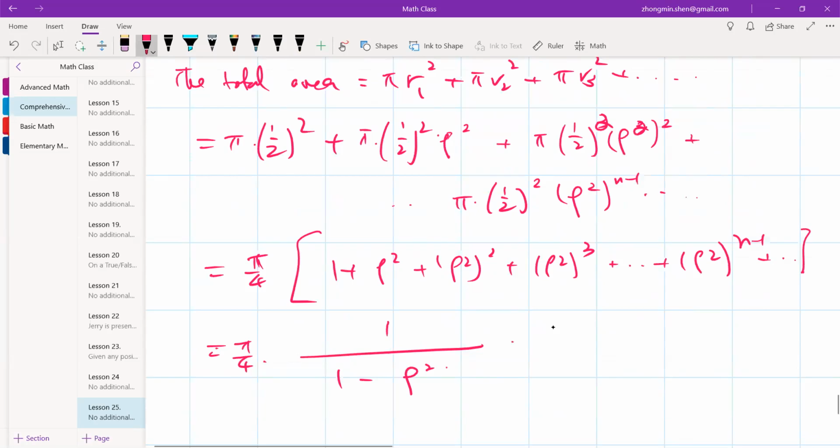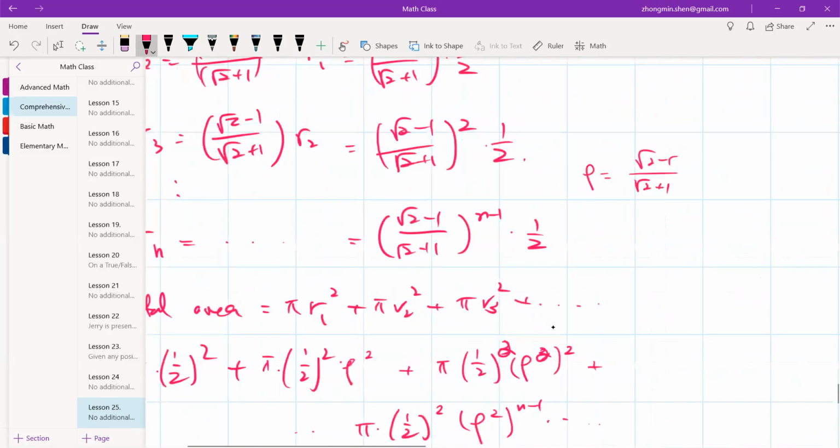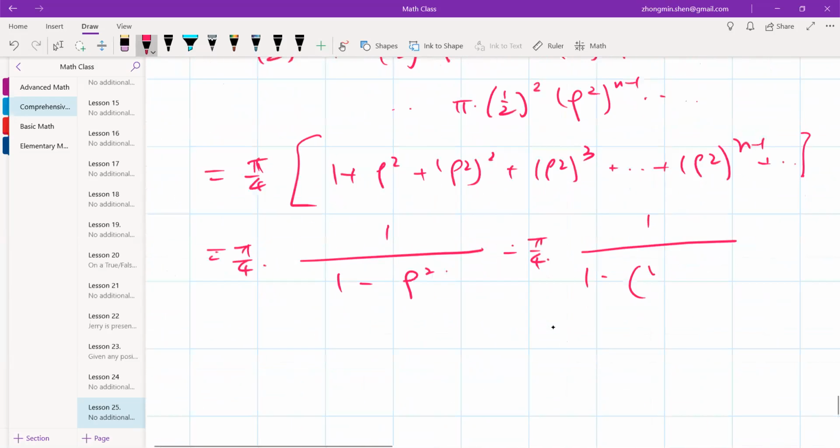And then you plug them into what we got here. You see, rho squared is going to be (square root 2 minus 1) over (square root 2 plus 1) squared. So this is a sum. You can calculate, that's the total area of the circles.